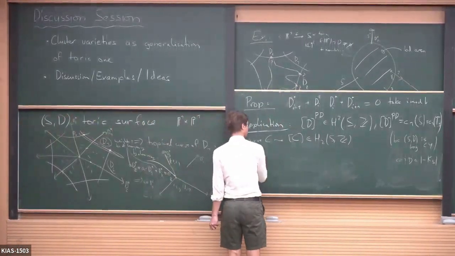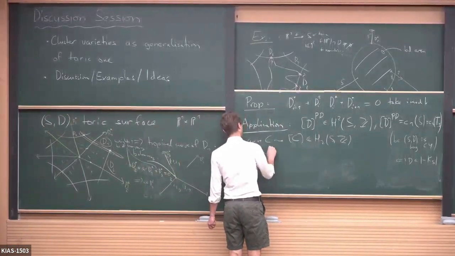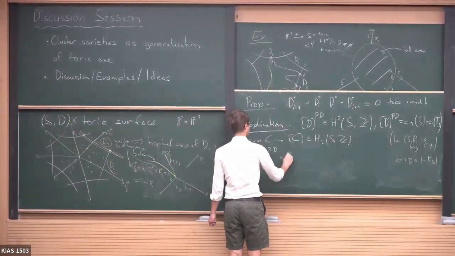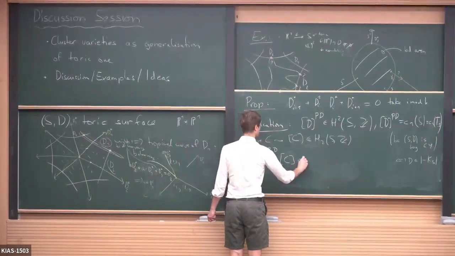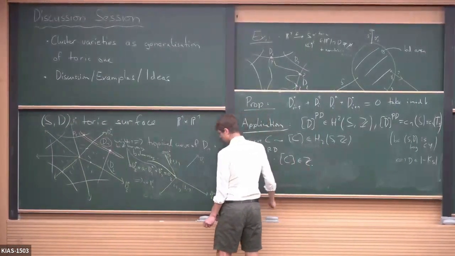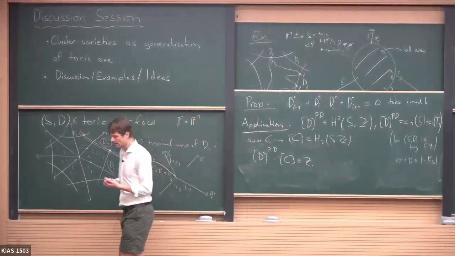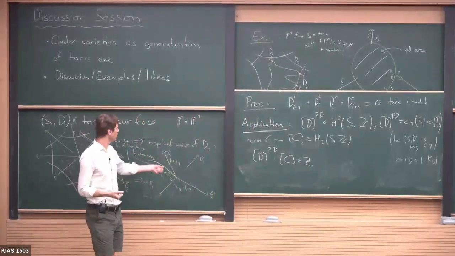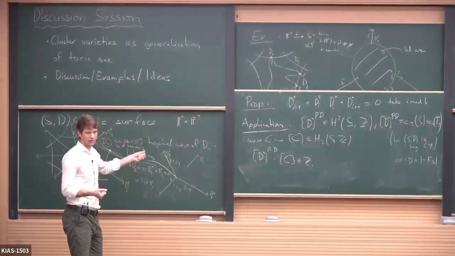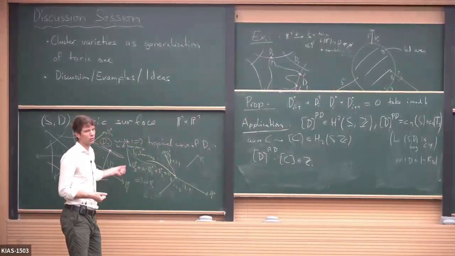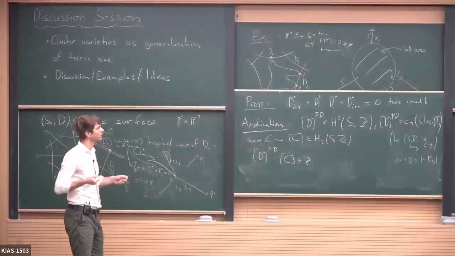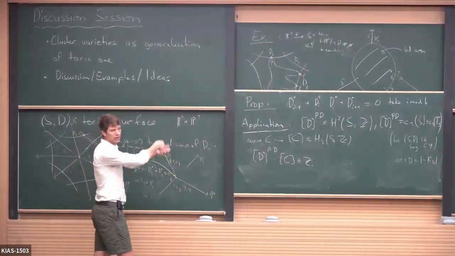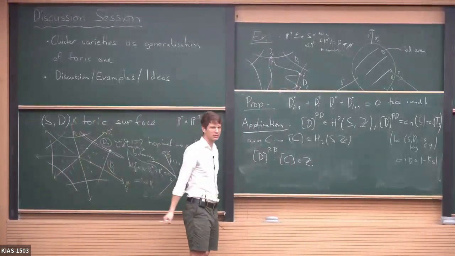So PD of D times C gives us an integer. This is similar to what we've done, except that what we did was more refined. When we did these intersections, we were looking at intersections with each of the divisors. This is just a kind of global homological intersection.